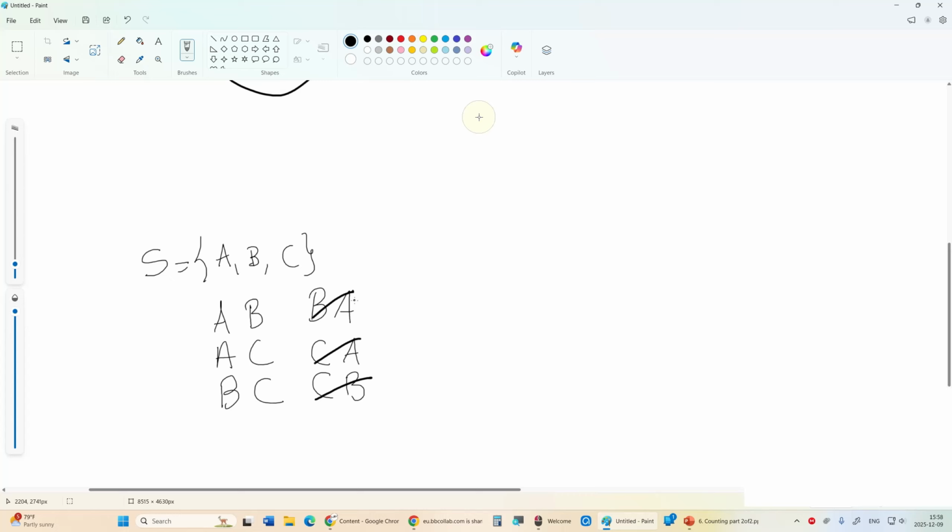I don't need these combinations. These are the possible combinations where the order doesn't matter, which makes it now 3.